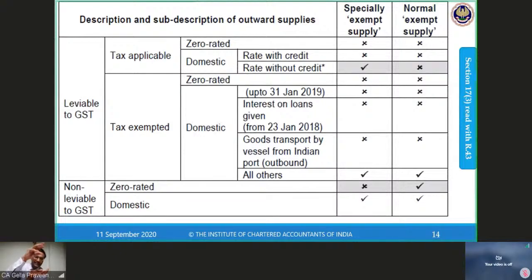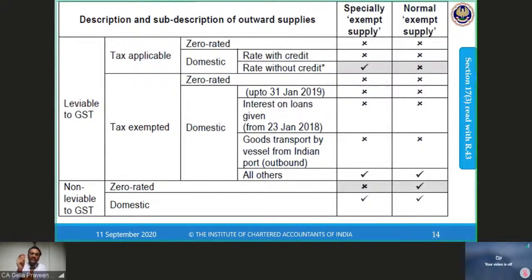Exempted, where though it is leviable, there is an exemption notification, nil rate of tax. That is called tax exempted. Now, in taxable, when I sell to a customer, I'll charge 18%. The same service, if I give it to SEZ, it is called zero rated. It is not covered for exempt supply, either under 17.3 or 247.